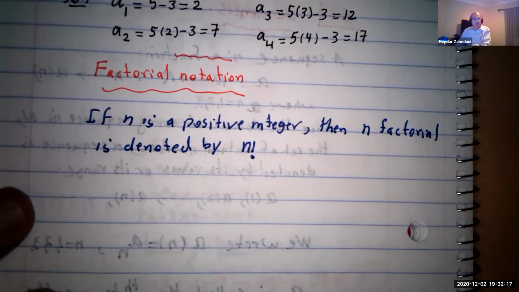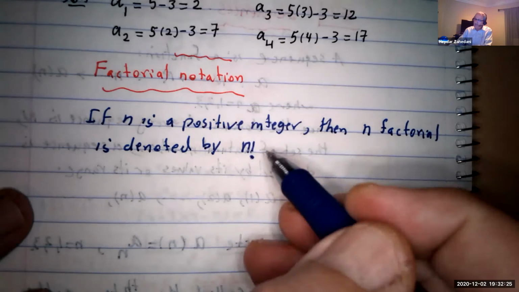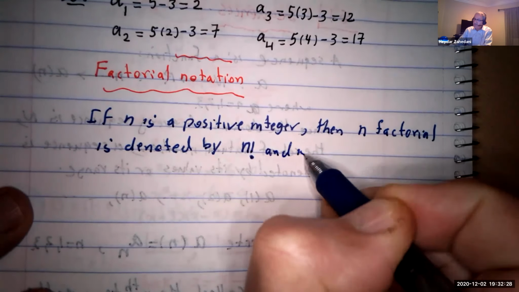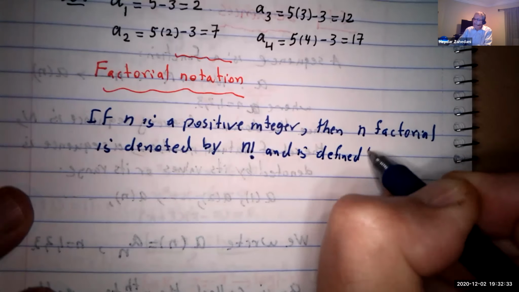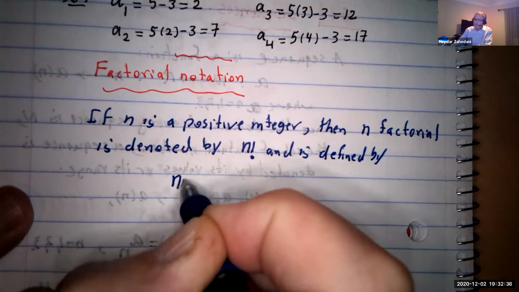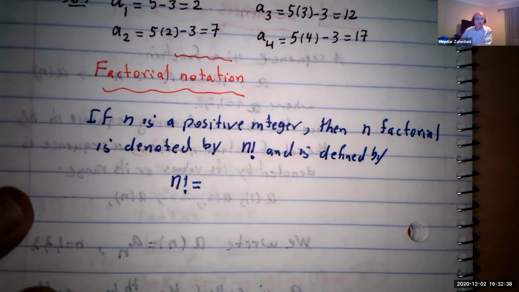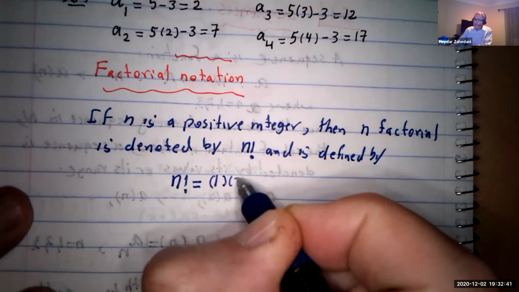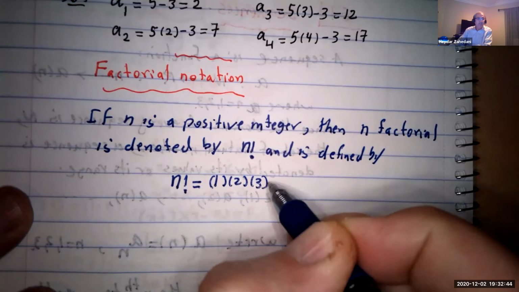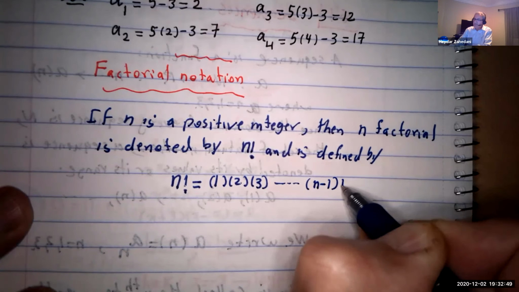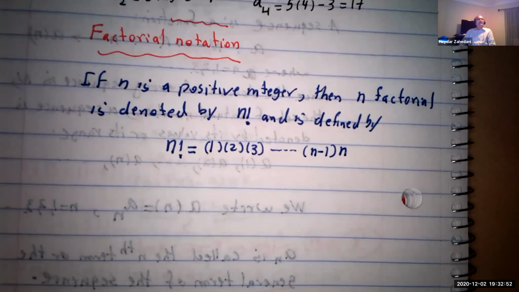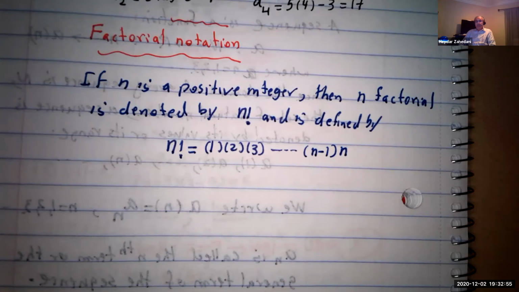It's defined to be the product of all the numbers up to n. So n factorial is equal to 1 times 2 times 3, up to n minus 1 times n. So n factorial is the product of all the numbers up to n.